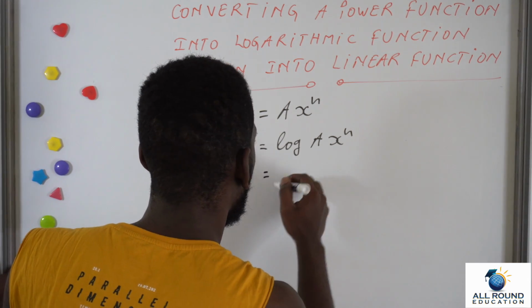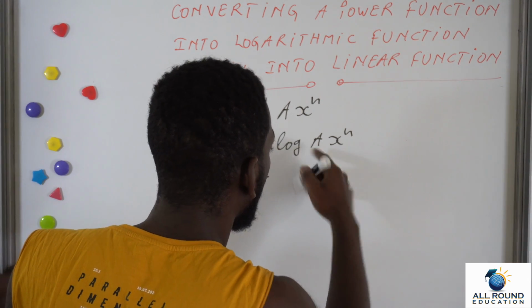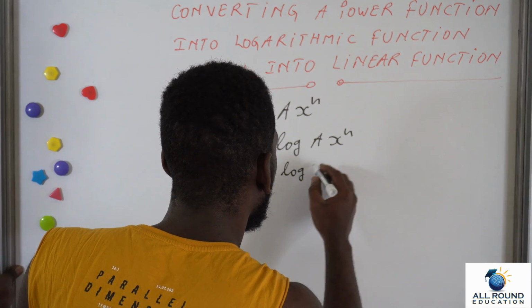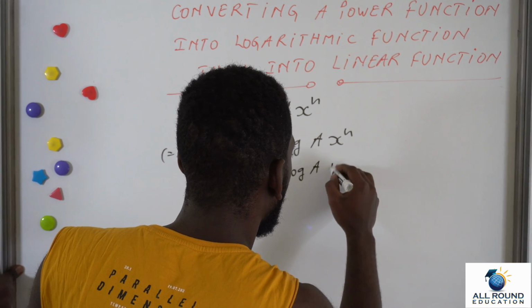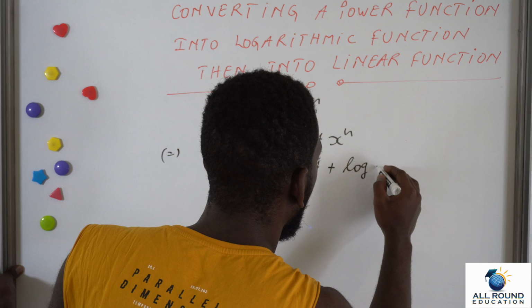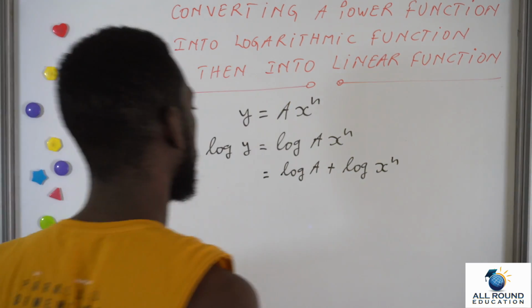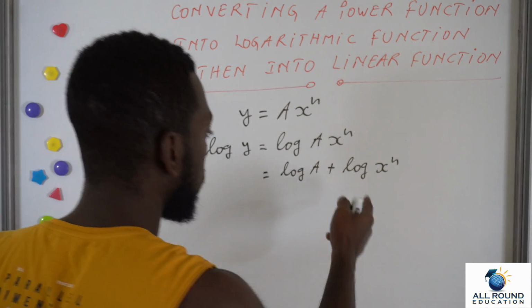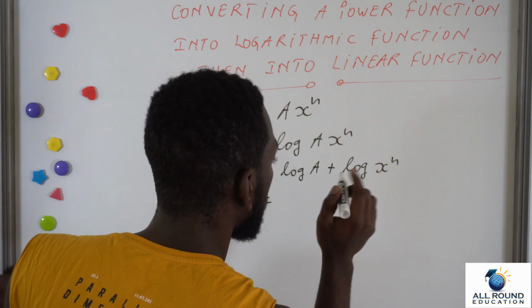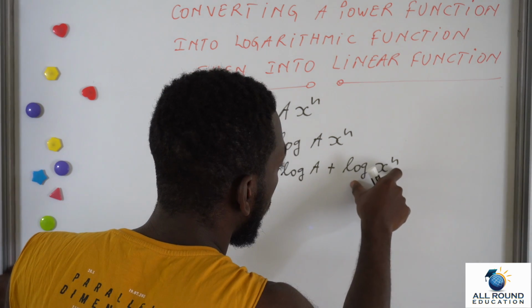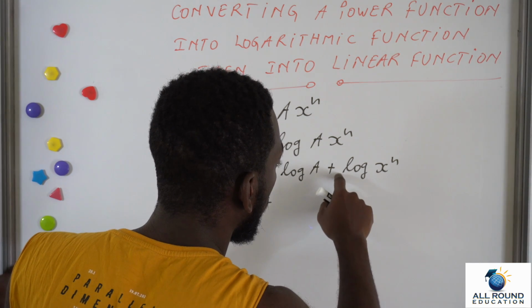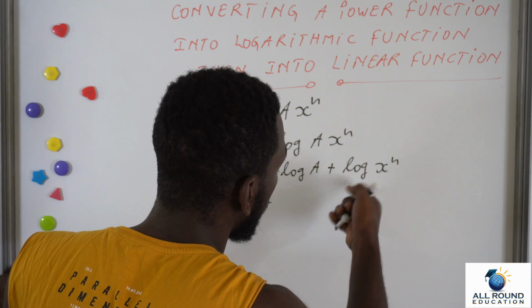So on my right hand side I'm going to have log a plus log of x to the power of n. Then my next line, remember what we said the other day, when you have a power, you can take the power down to the front of the log, and it becomes a coefficient.